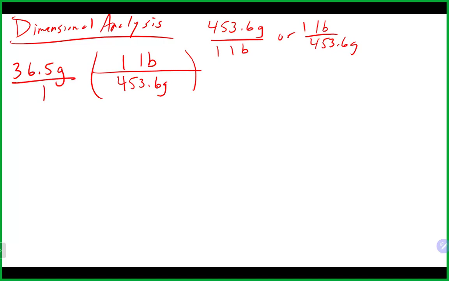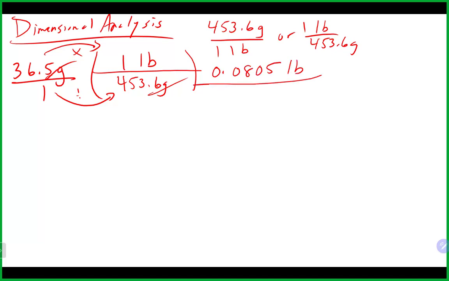Remember, even though it's not written as a fraction, it is sort of fraction-like. Anything on top gets multiplied, anything on the bottom gets divided. Opposite units cancel, right? And whatever you're solving for does need to be up on top by itself. Otherwise, if it's on the bottom, you're doing the inverse of what you're looking for. That gives us 0.0805 pounds in this case.